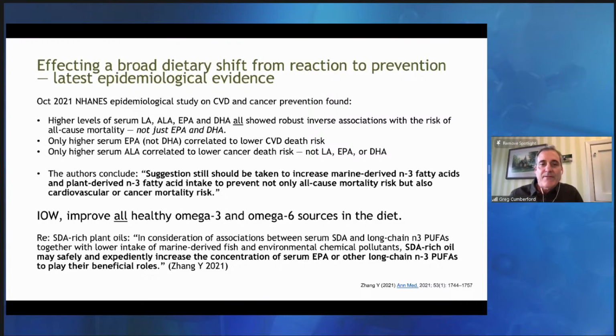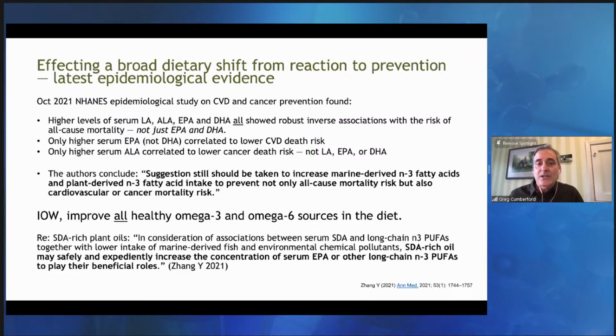And what they found was that higher serum levels, not only of EPA and DHA, but also linoleic acid and alpha-linolenic acid, showed robust inverse associations with all-cause mortality, not just EPA and DHA. They also saw that higher serum EPA, but not DHA, correlated with lower CVD death risk. And they found that only higher serum ALA correlated with lower cancer death risk, not linoleic acid, EPA, or DHA.